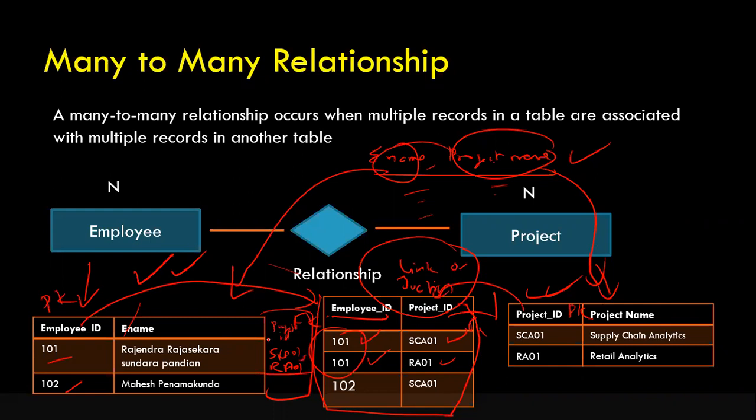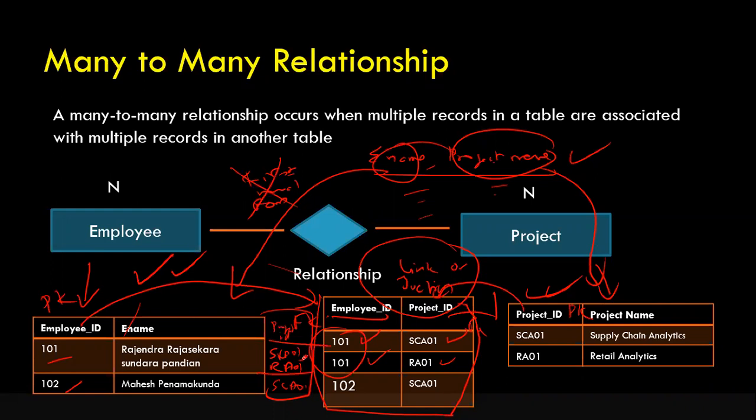Can I store it like this? And 102 is working on SCA01. This is fine, but a single column should not have multiple values in it. It is violating first normal form.